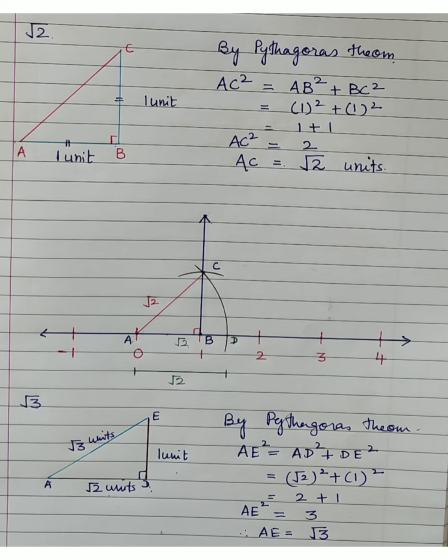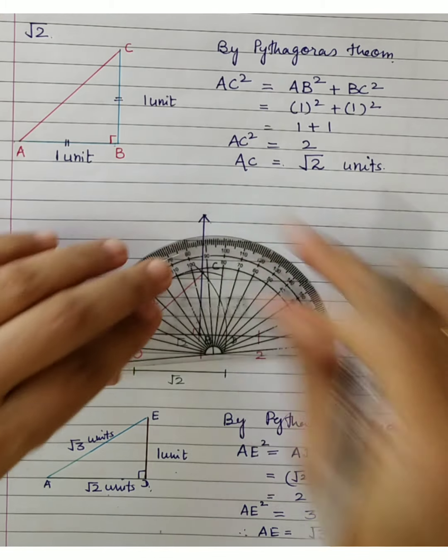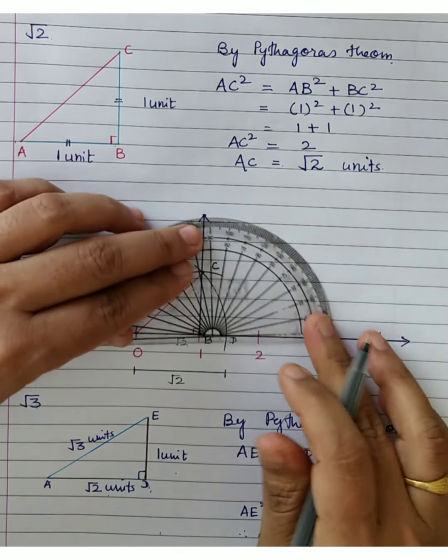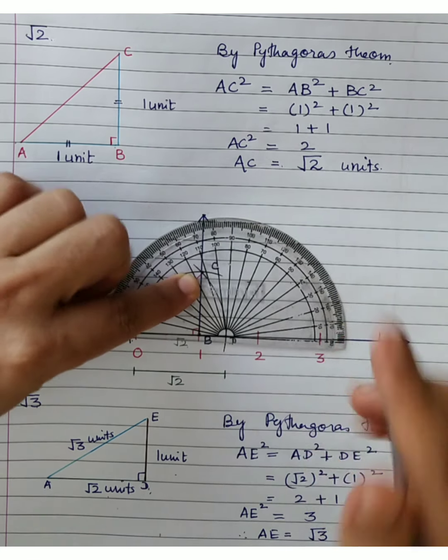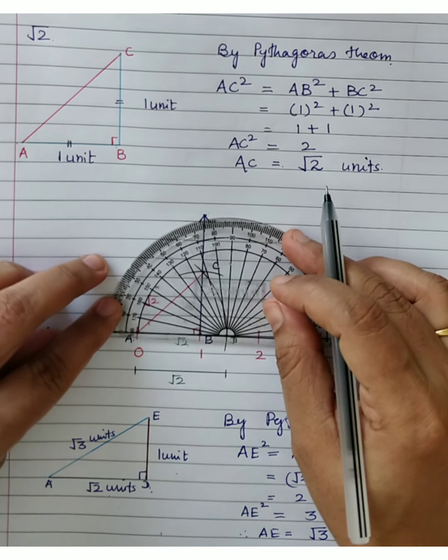So let's do that. Again at D you raise a perpendicular. Where is the point D? Which is of length root 2 from 0. So you raise a perpendicular here.